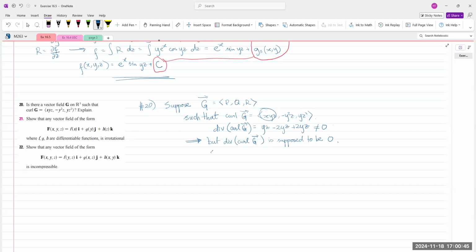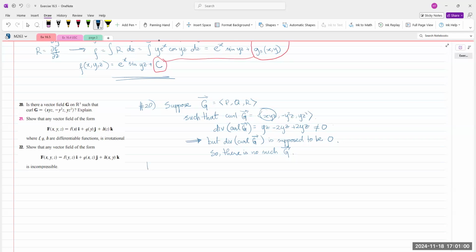So there is no such G. That's for number 20.